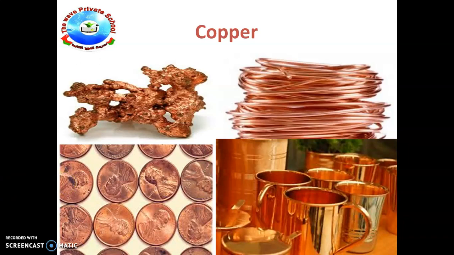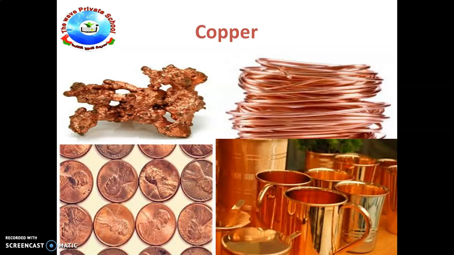From the beginning, I'm saying all these properties: shiny, shatterproof, malleable, and ductile. One word I gave you as a keyword and I explained about each word. Malleable means they can be hammered and shaped into different shapes, and drawn out into wires means ductile.